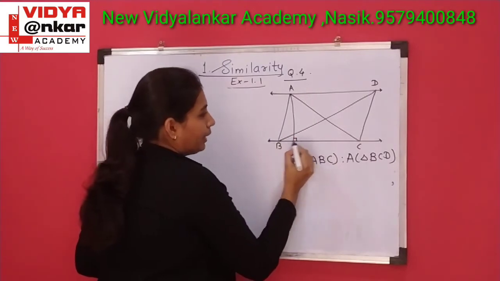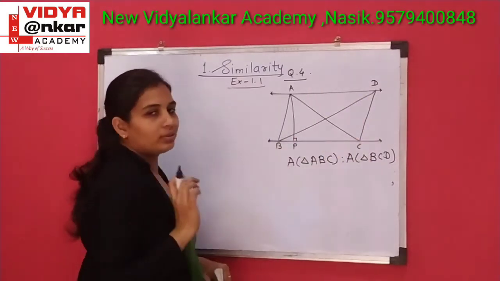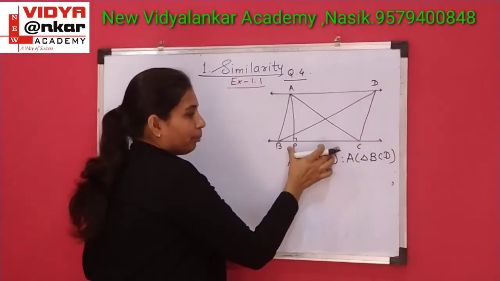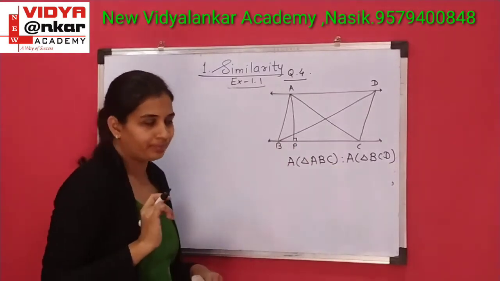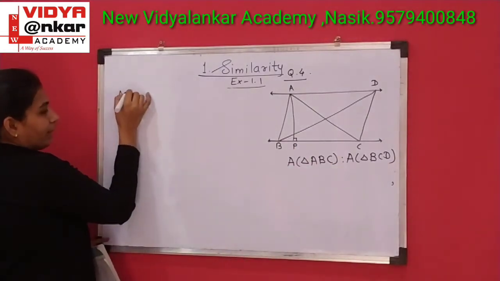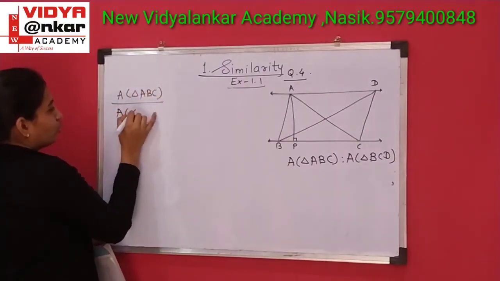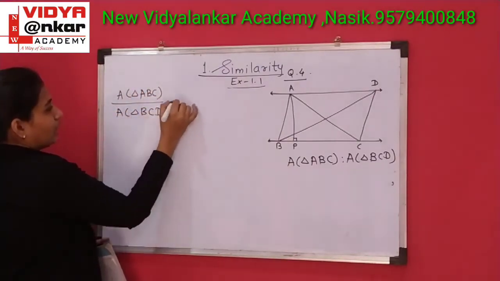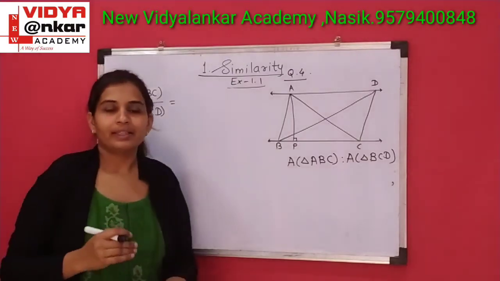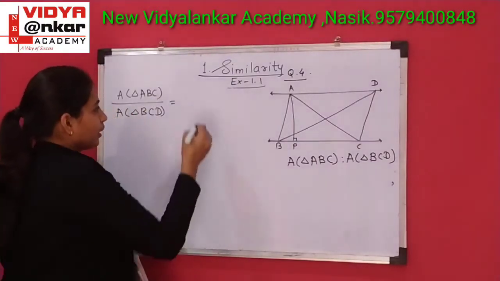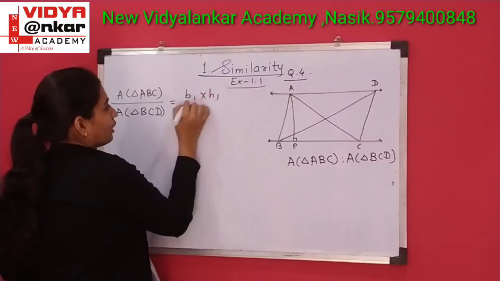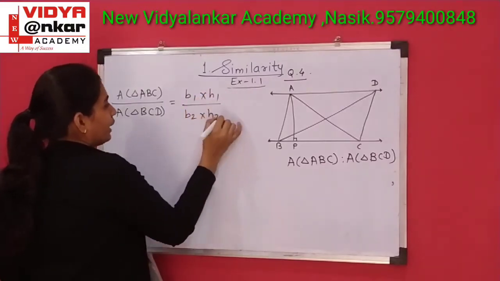ABC and BCD, both triangles have a common base, that is BC. Now we have to find the ratio of areas of the two triangles by using a basic formula, that is base into height. B1 into H1, B2 into H2.